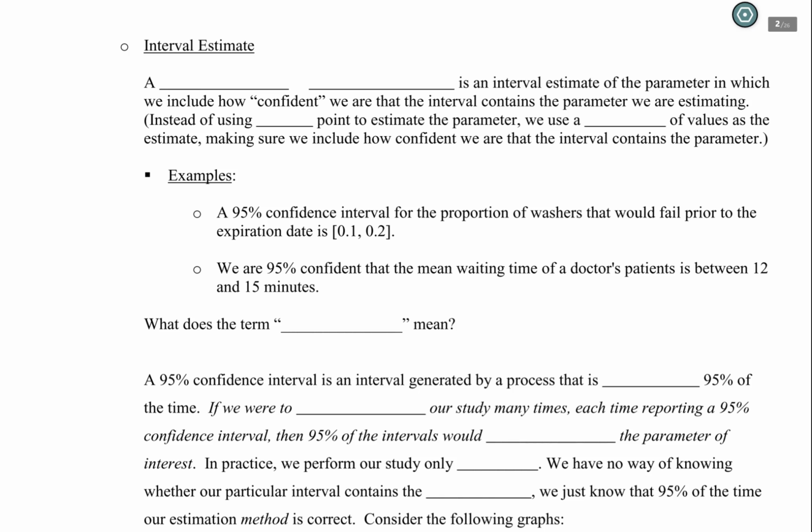So you give them a range of values, and that's a common way of dealing with uncertainty. We give a range of values regarding something we don't know for sure, and that's what a confidence interval does.